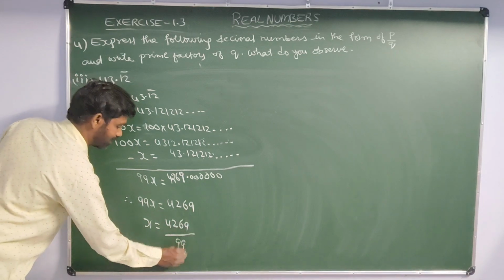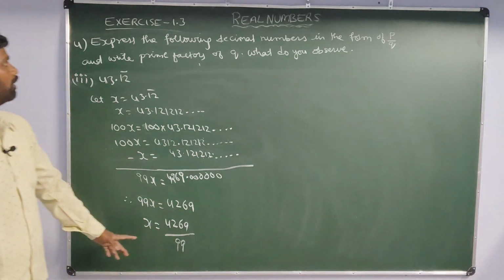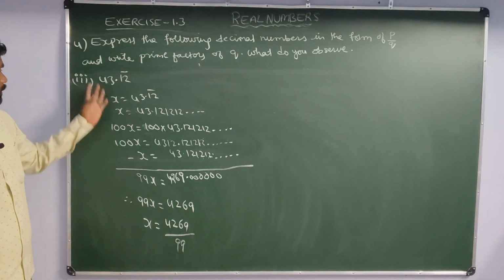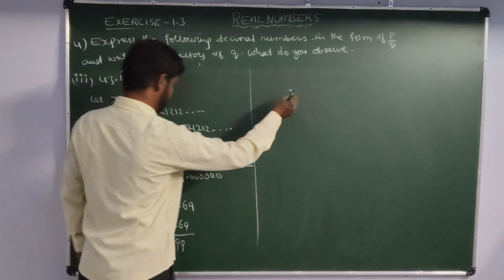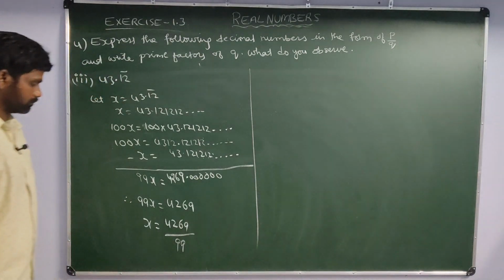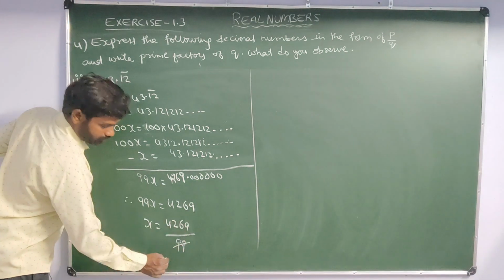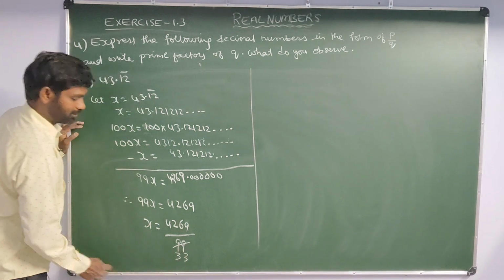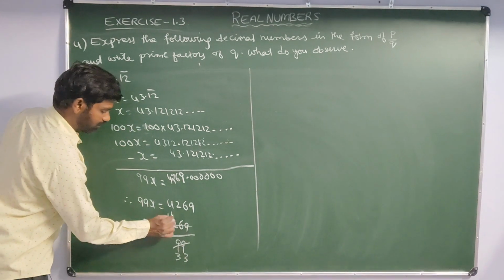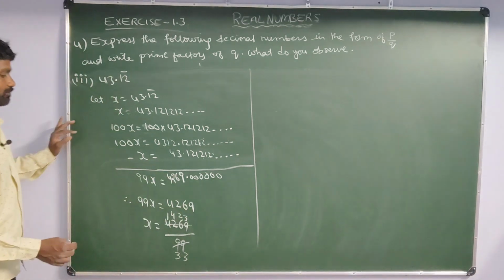So this is the representation of decimal form to P by Q form. Next, the denominator, or simply we can write in the short form also: 3 3s are 9, 3 1s are 3, 3 4s are 12, 3 2s are 6.